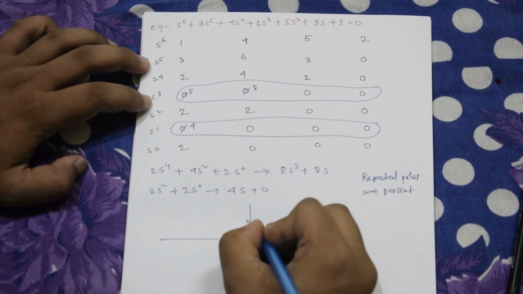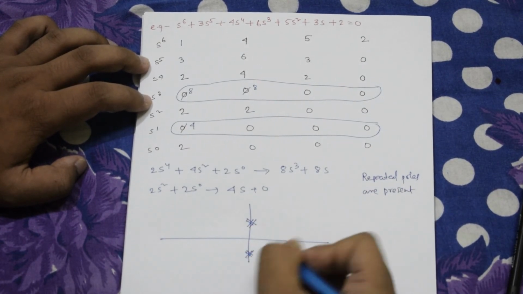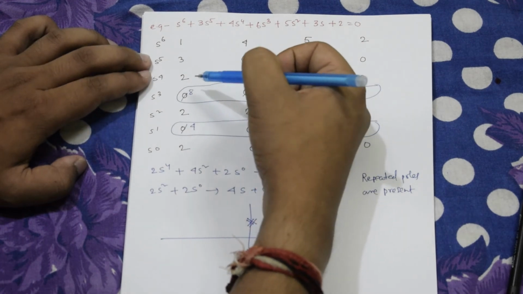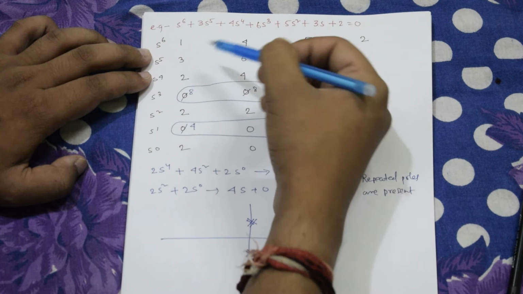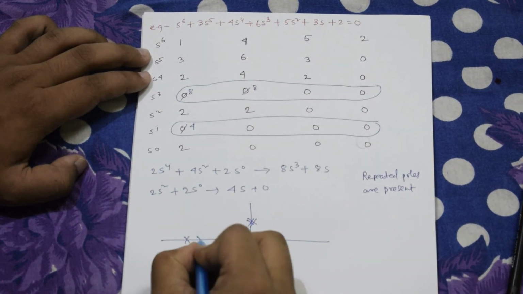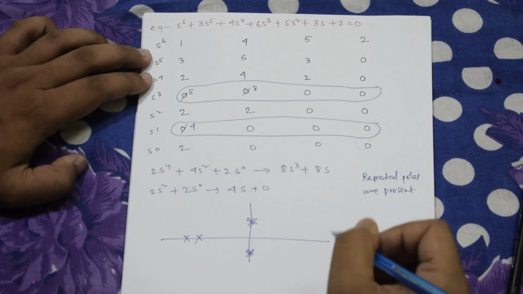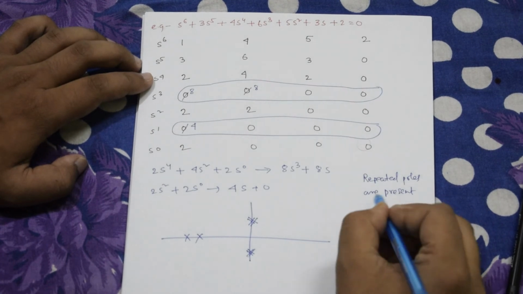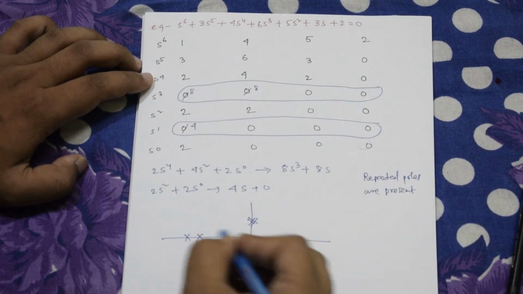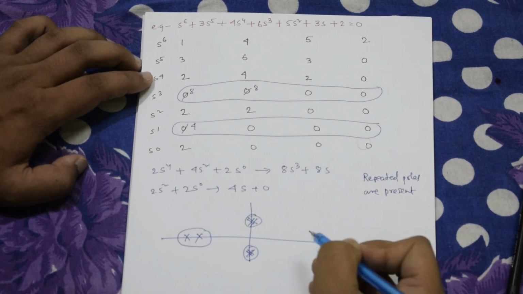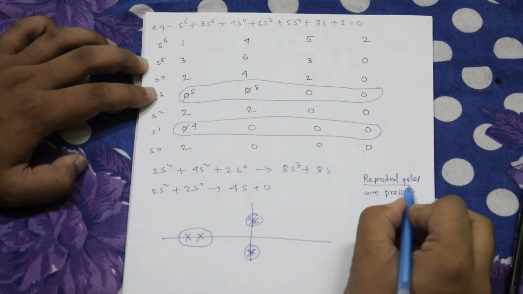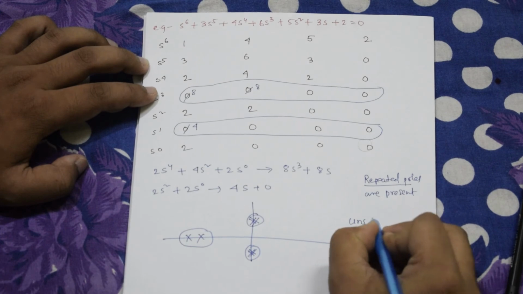And 2 more poles are there which are present above the row of zeros and there is no sign change, means they are in the left hand side. Here in this question it has repeated poles and all of these are in the imaginary axis and 2 poles are there in the left hand side. Since it has repeated poles, the system is unstable.